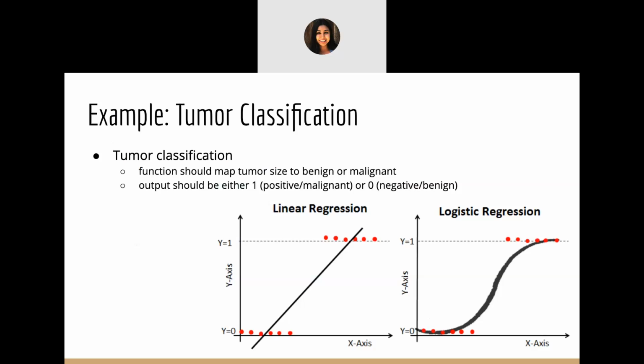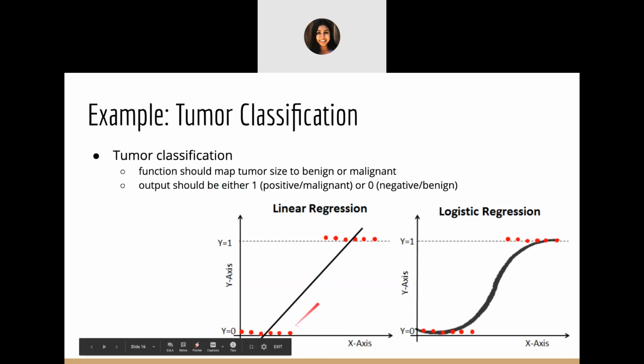This is an example of tumor classification. Say you have some data with sizes of specific tumors, and you're trying to determine whether a tumor is malignant or benign based off of the size of the tumor.